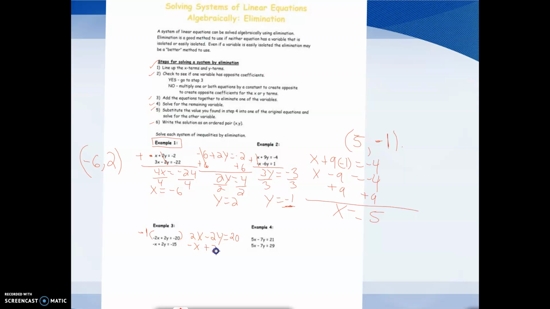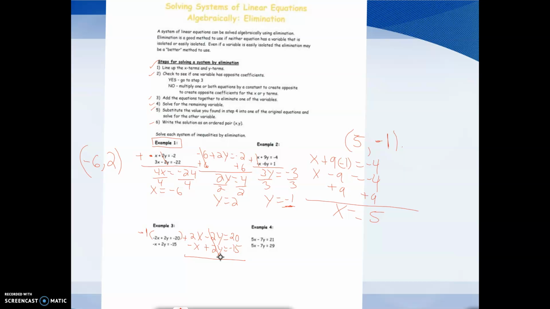Line it up, because we're not going to do anything with that one, because we have opposite coefficients. And then we're going to do the same thing we did in problem 1 and 2. We're going to add the system up, right? Which in this case is going to cancel out the y's, okay?